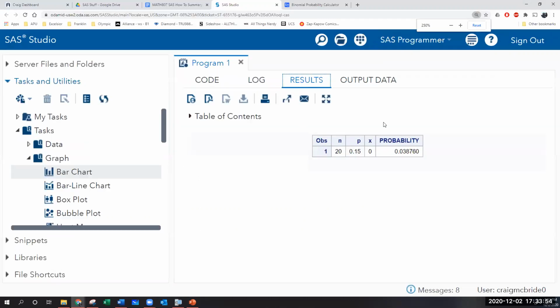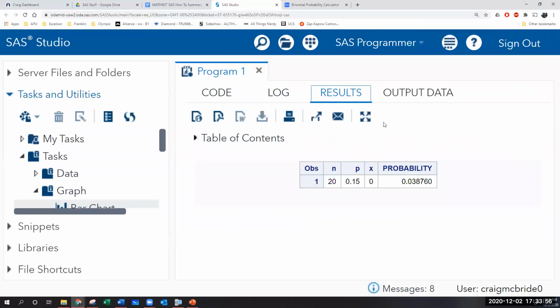And the whole 1 minus 0.85 to the 20th is logically not correct. It's what the answer key says, but now that I think about it, it's not right. Okay, so we don't have to do D. You don't have to do D. Okay, that makes me happy.